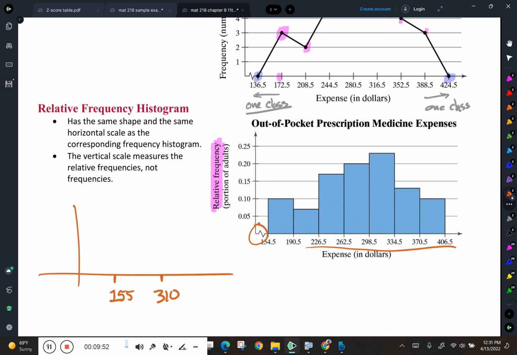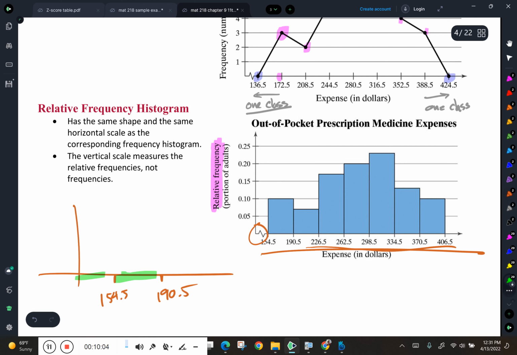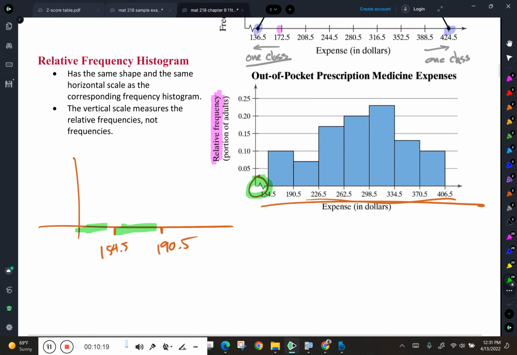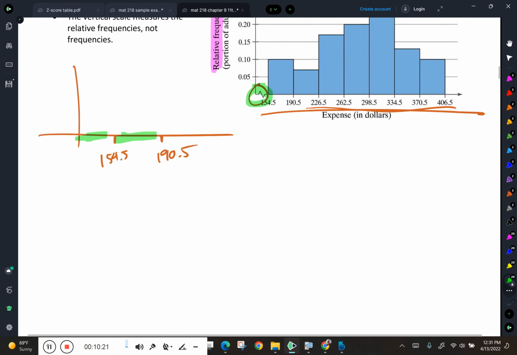And that wouldn't work for this, because if I label my first tick mark as 154.5, I can't label my next tick mark as 190.5 because this scale isn't consistent between those two. Okay? So I have to make sure that I do this correctly. I do it correctly by adding in that little break. Okay? That's our relative frequency histogram using class boundaries.